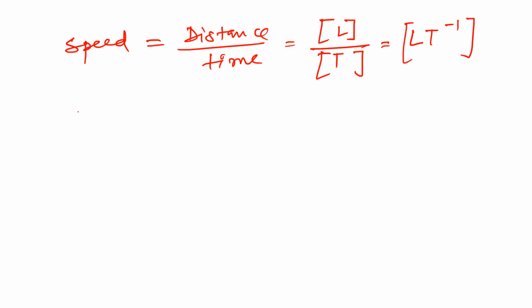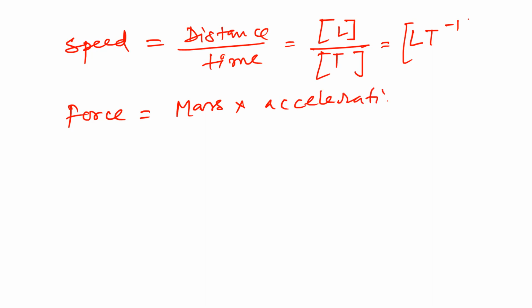Now for the case of force, it has a mathematical expression of mass multiplied by acceleration. The mass has a dimension of M, but what is the dimensional formula for acceleration? It is represented as the change in velocity divided by time.